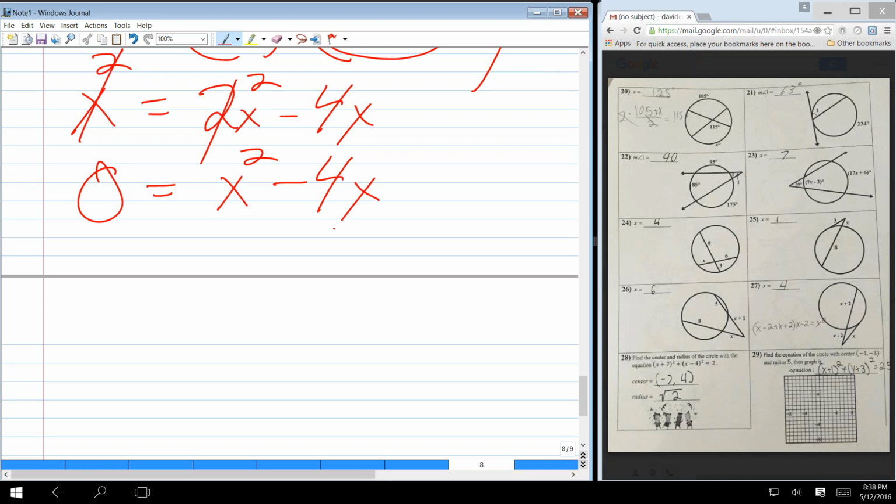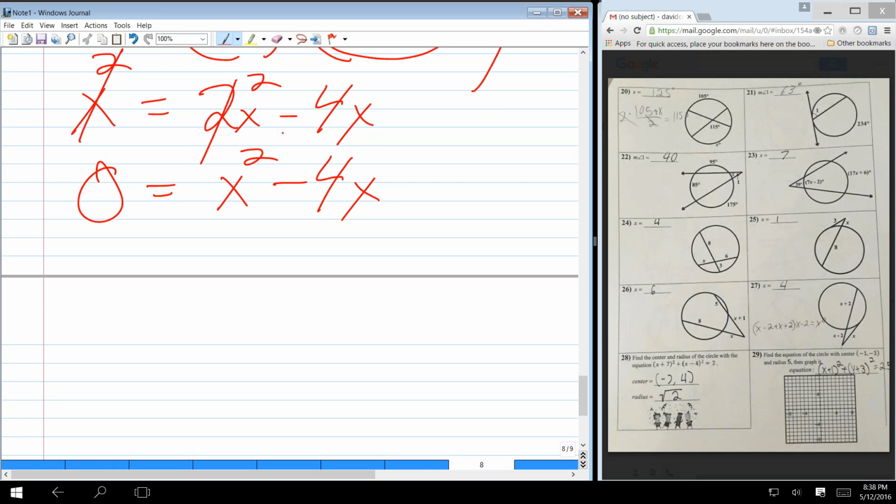Now, notice this is a quadratic, but it's slightly different. It doesn't have a number. It's only got an x squared term and an x term. But I still have 0 on the left side because the way I got this was subtracting 1x squared from both sides.